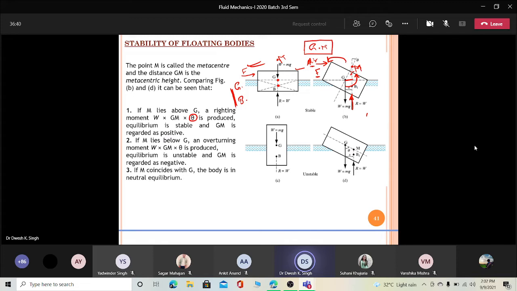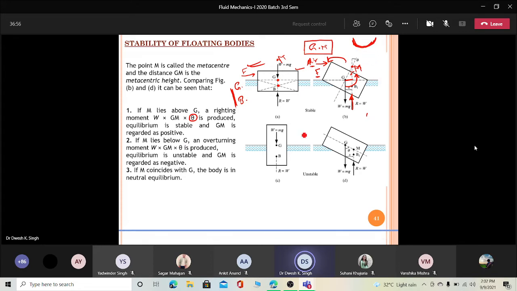This is also called oscillation, because your body rotates like this. It goes up this side, then the same position, then again goes to the other side. So this is like oscillation.